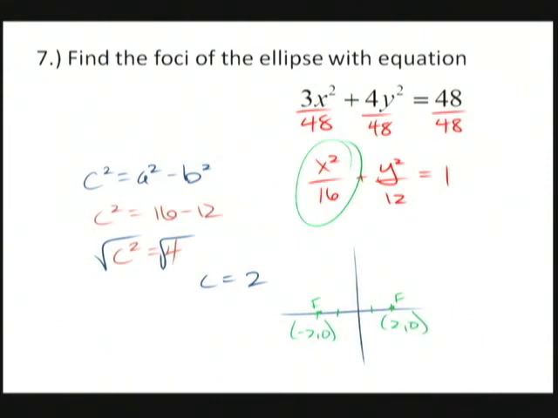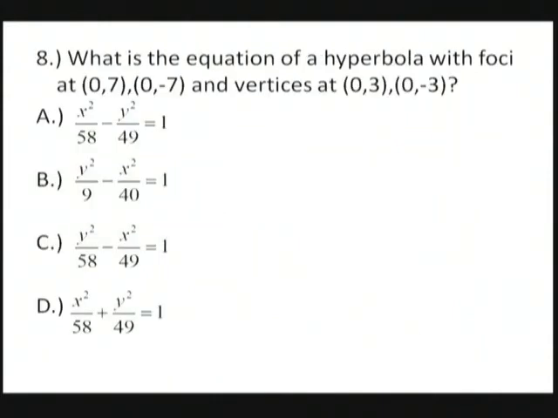All right, number 8. I need an equation of a hyperbola with those foci and those vertices. So let's go ahead and graph. And let's see, I'll put F. I've got foci about right up here and here. And then I've got vertices about right here and here. This is just a sketch. And when I graph that, I'm looking at something like this hyperbola.